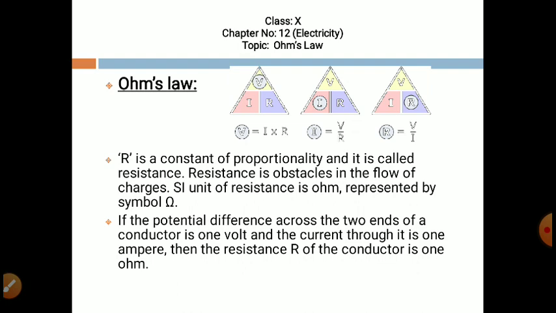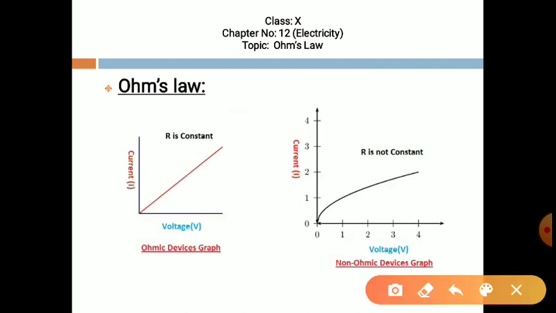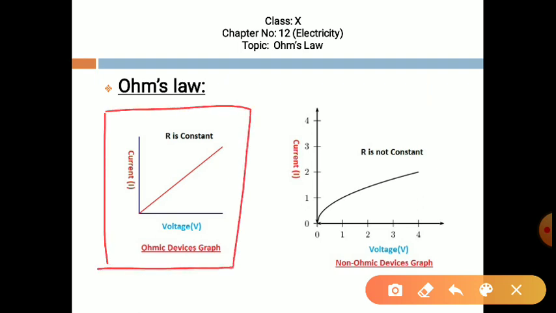I again repeat, V is equal to IR, R is equal to V by I, and I is equal to V by R. Now here is the graph of Ohm's law. What is Ohm's law? That the current is directly proportional to the voltage across the two terminals of a current carrying conductor, given physical conditions constant.